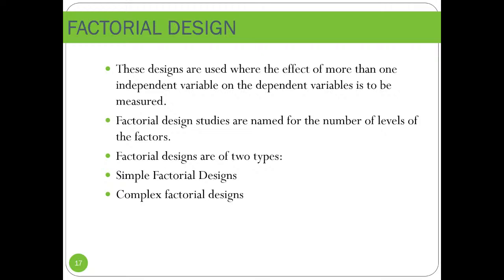Complex factorial design is 2 cube. First, paracetamol is a tablet which we have divided into 500 mg and 650 mg. The second variable is whether the person has taken it on an empty stomach or not, for 500 mg. 650 mg will again be divided into empty stomach and not empty stomach. In a complex design, you bring one more layer into the study: if a person is diabetic or not diabetic.